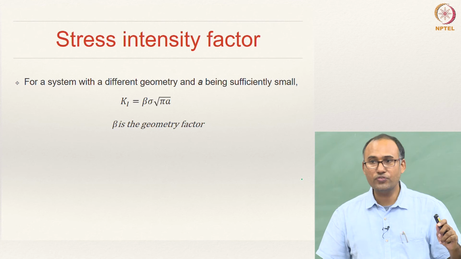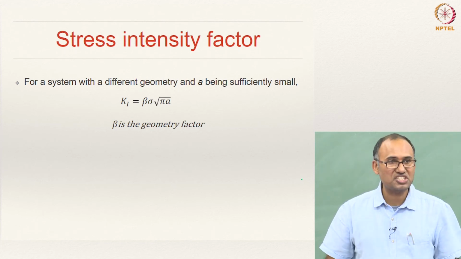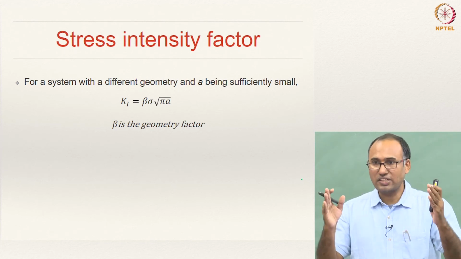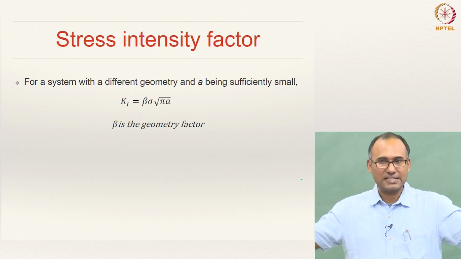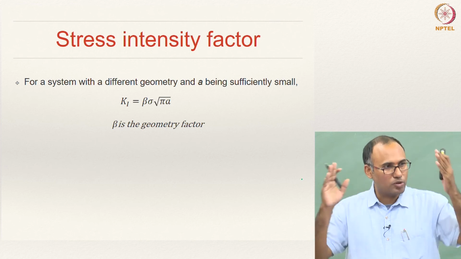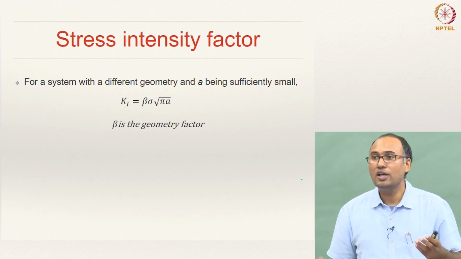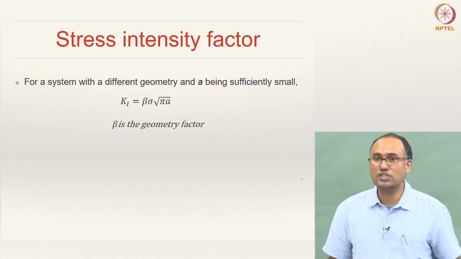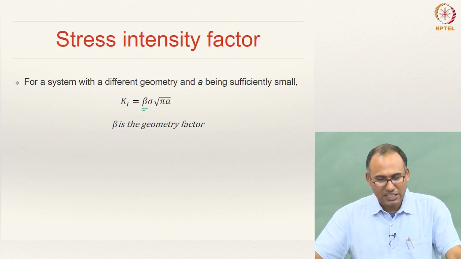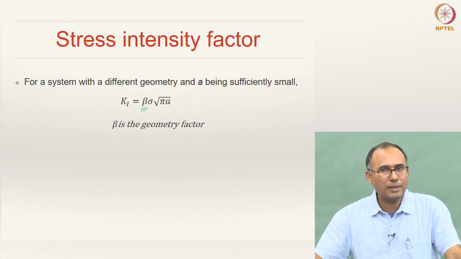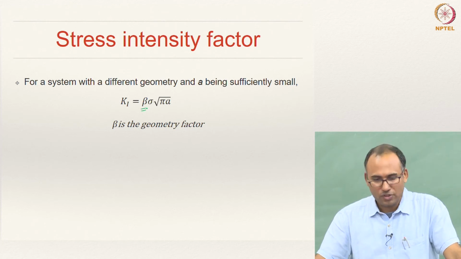Then you need to account for that violation of the constraint, that the size of the crack is much smaller than the plate size. If the size of the crack is comparable to the plate size, then you have to add a geometric factor to the definition of your K1, and that geometry factor is given by this beta. So then K1 will become equal to beta times sigma root pi a.